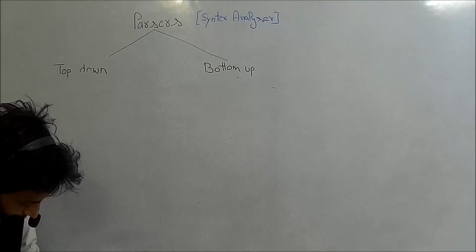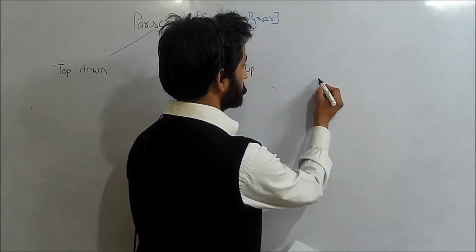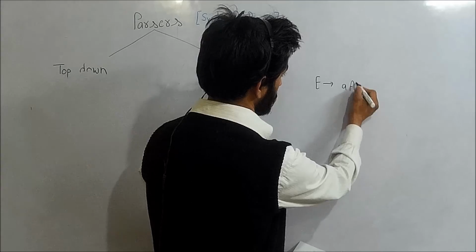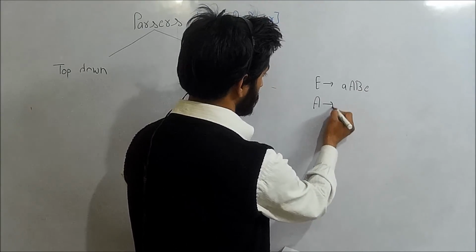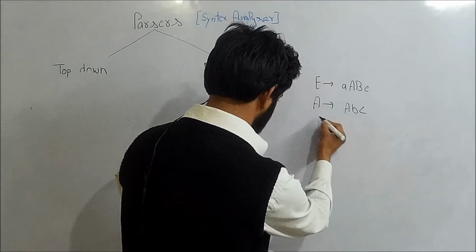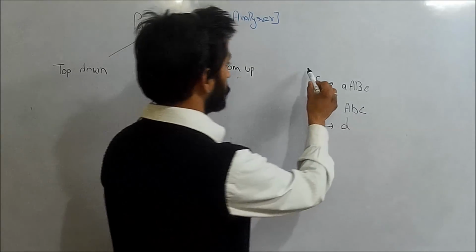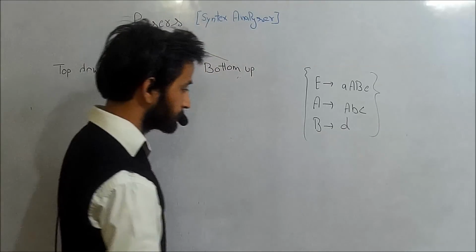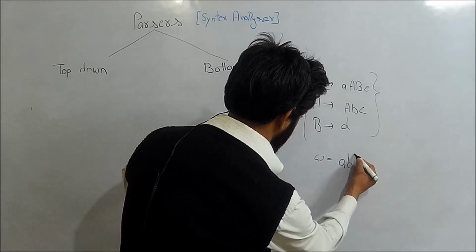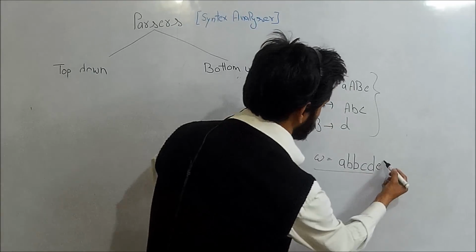So I am having a grammar in which E derives A, B and E. A derives A, B, C, B derives D. Okay, so this is the grammar given to us, and by using this grammar I have to generate a string W. The string is A, B, C, D and E. Okay, so this is the desired string.